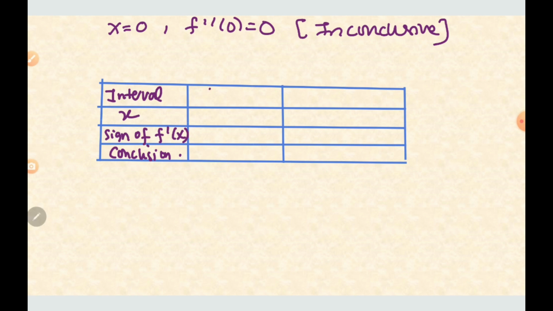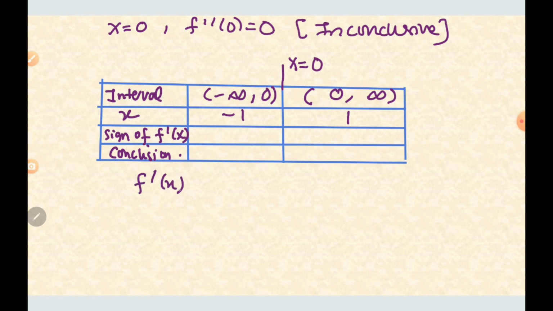From negative infinity to infinity, we check the number line. The line represents the critical number, that is x equals 0. So negative infinity to 0 and 0 to infinity. Let's say x is negative 1, and for 0 to infinity, let's say 1. Then you have to substitute into f prime x.